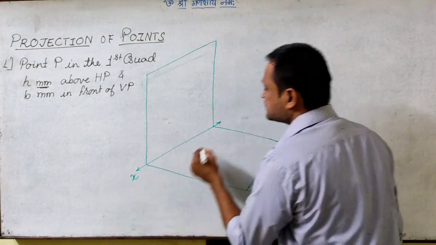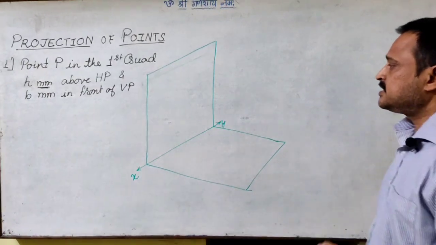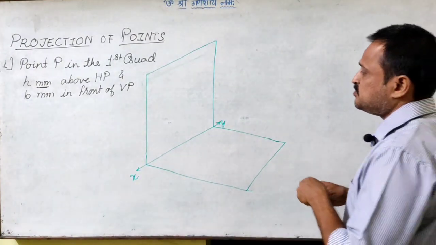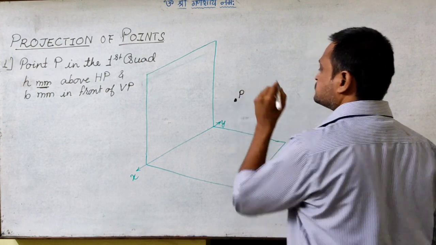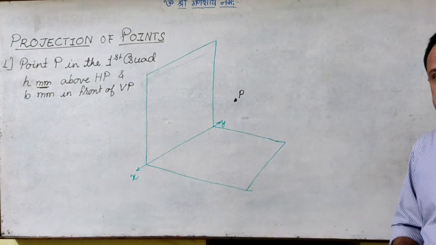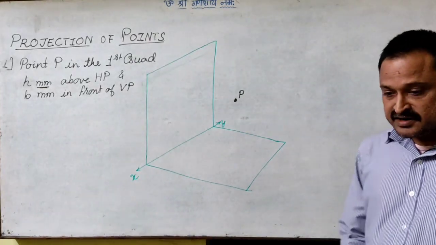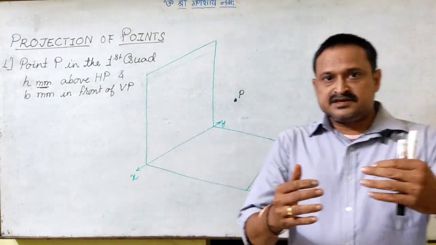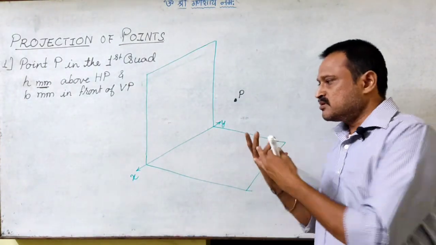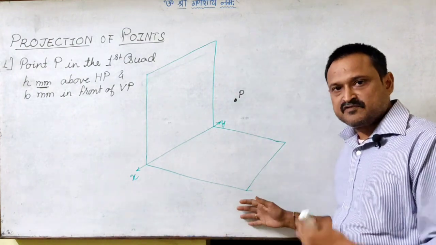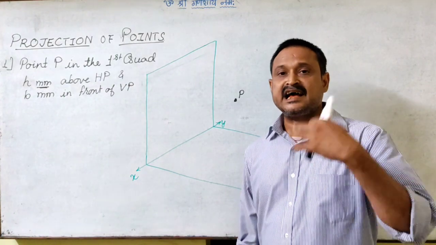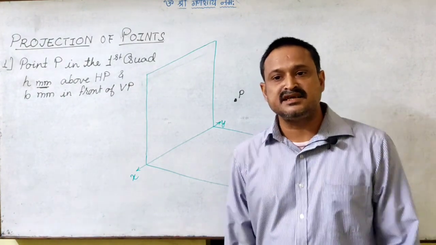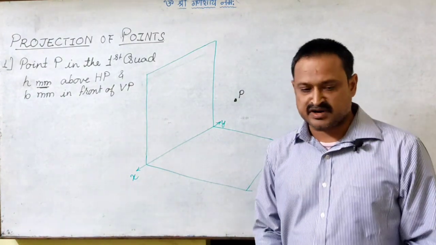So this is the reference line XY, right? And there is this point P which is in the first quadrant. Now say, as if you as the viewer, the board is the vertical plane for you and the floor is the horizontal plane, and as if you are sitting in the first quadrant and looking at the point.